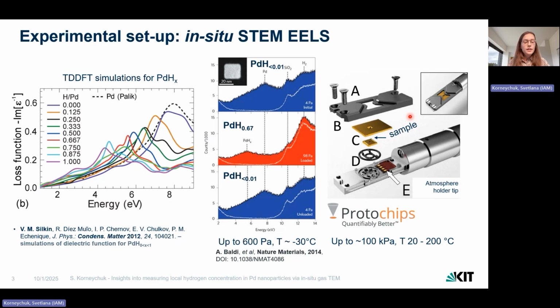In principle, the EELS spectrum should be identical to the imaginary part of the dielectric function if there are no retardation losses and if there is no inhomogeneity in the material itself. And we see that this main peak, which corresponds to the bulk plasmon, more or less gradually shifts to lower energies with the increase of hydrogen concentration.